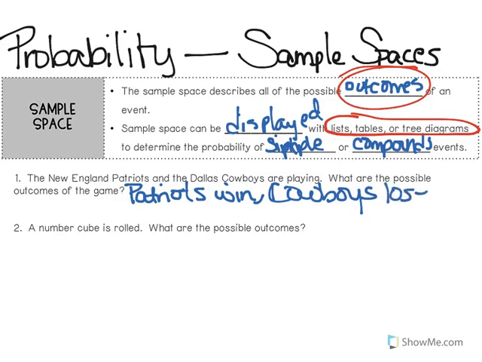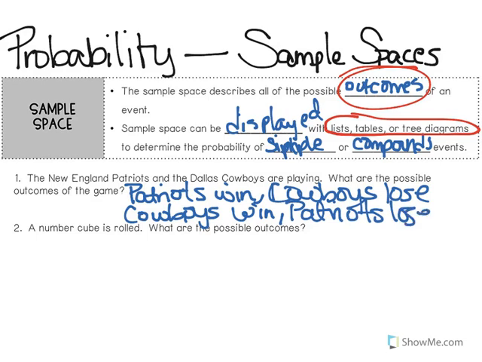No. For some miracle on earth, the Cowboys could win, and the Patriots could lose. So those are the outcomes. So how many outcomes are there? 2 outcomes. Patriots or Cowboys win.